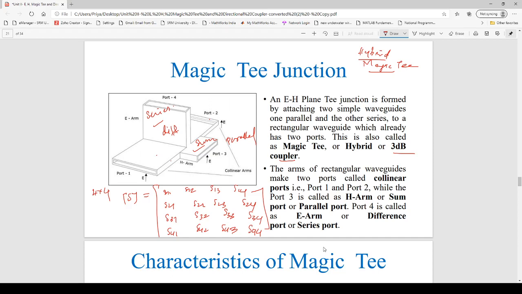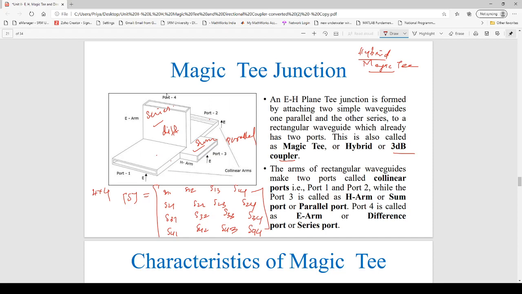And here, because it is a combination of both the E plane as well as the H plane, it should satisfy both the H plane property as well as the E plane property.